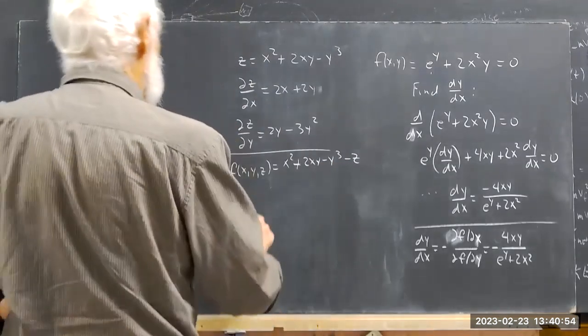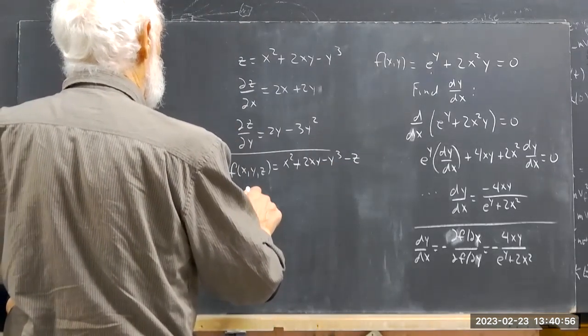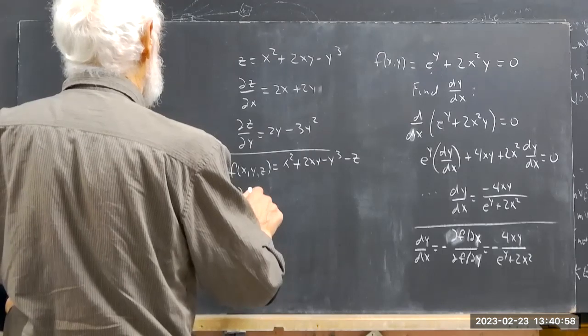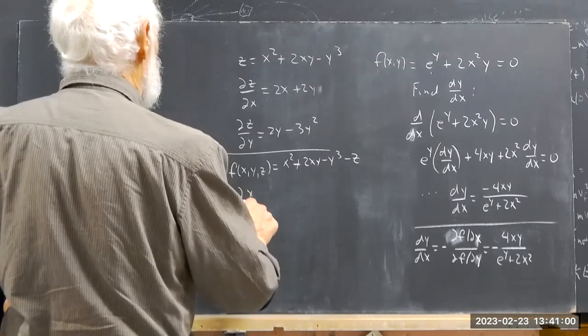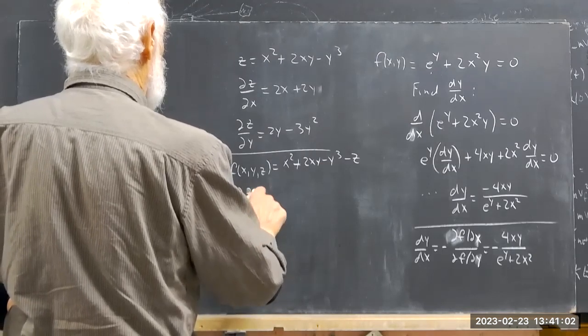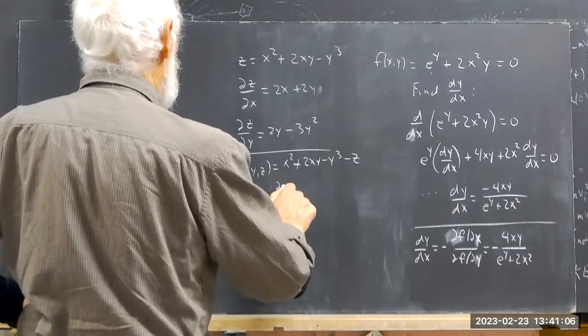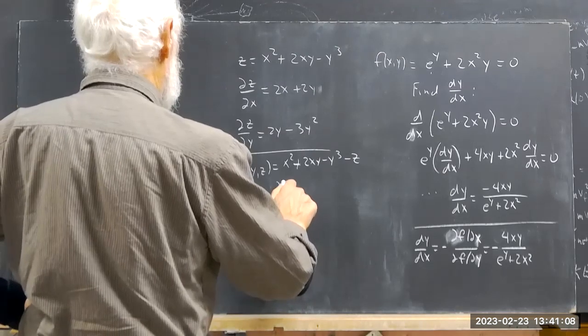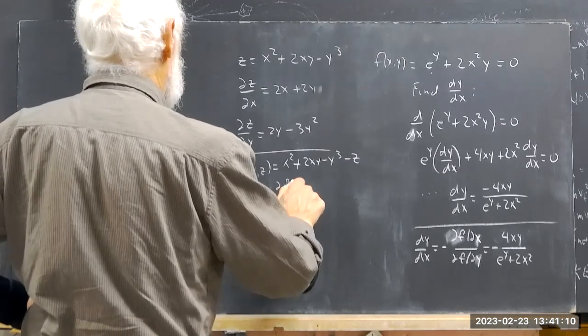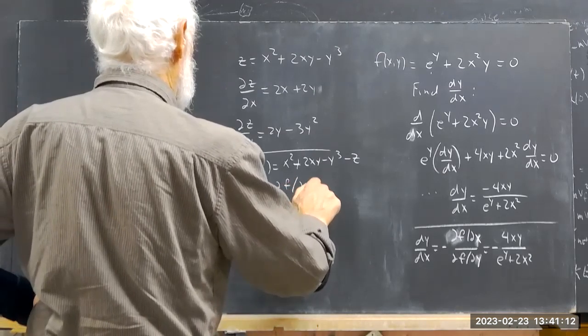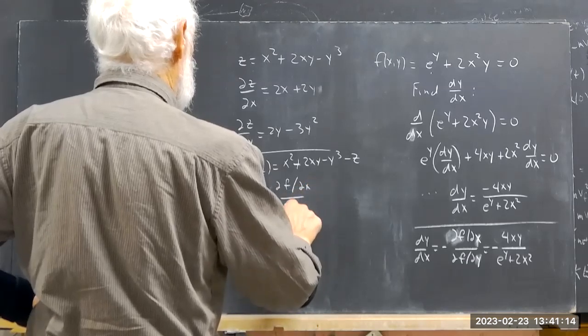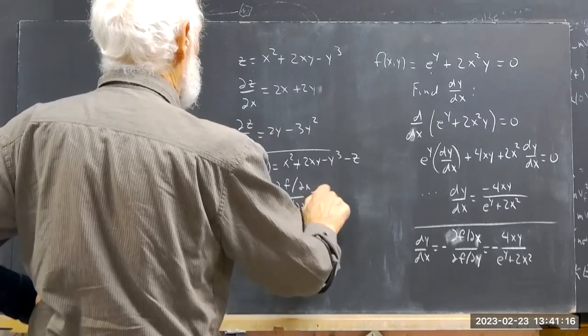Then the partial of z with respect to x would be negative partial of f with respect to x over the partial of f with respect to z.